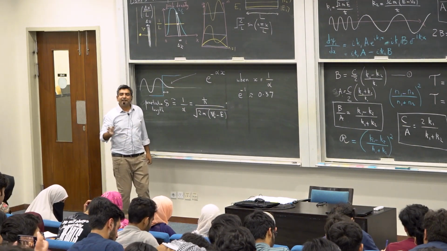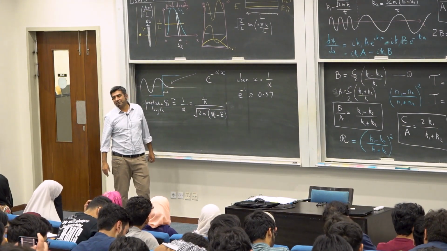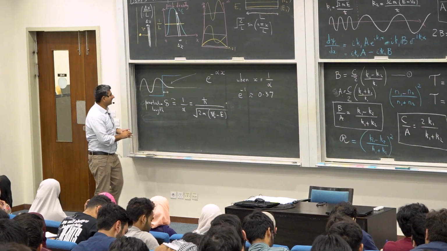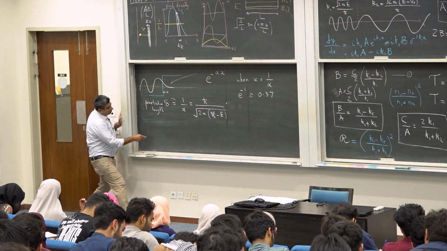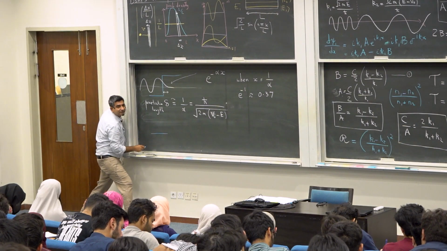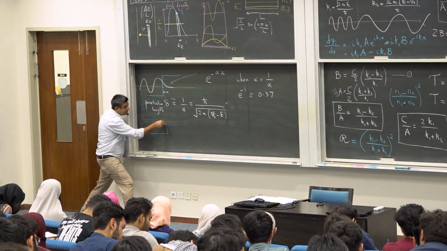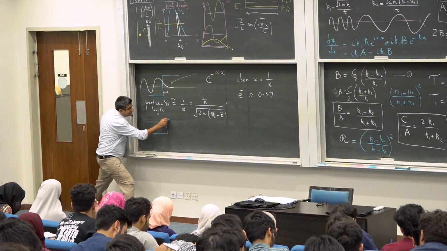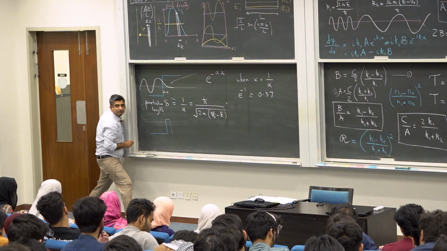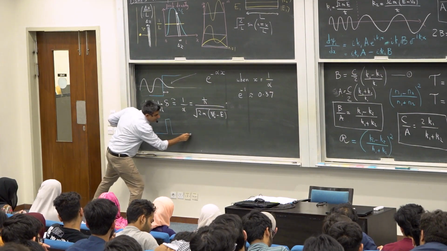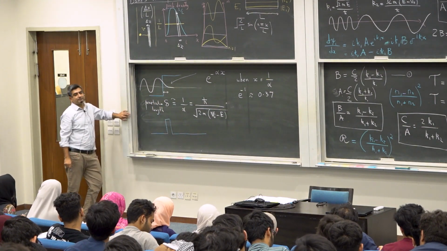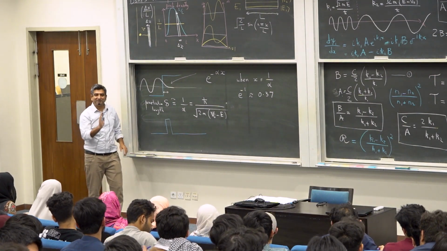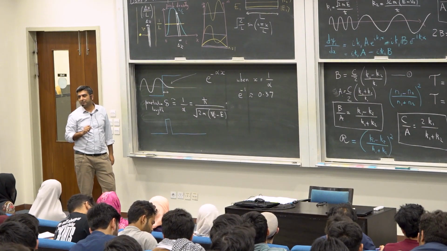But the extremely interesting thing happens when I have a scenario like this. My potential landscape looks like this: 0, step, step down. What if I have a potential hump, just a hump like a speed breaker for this particle?